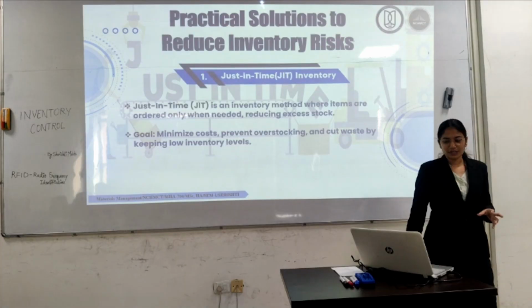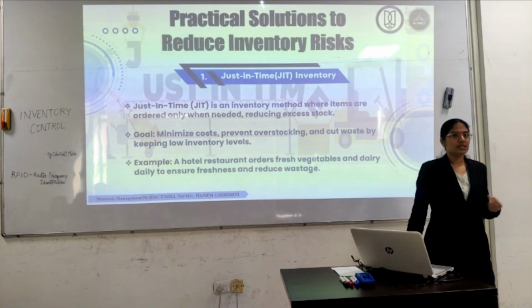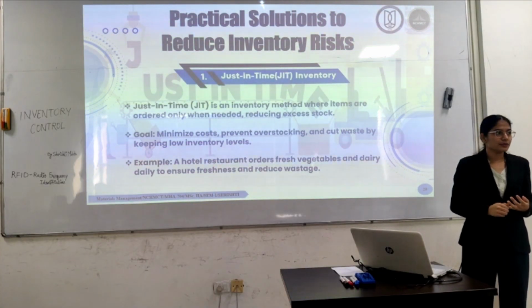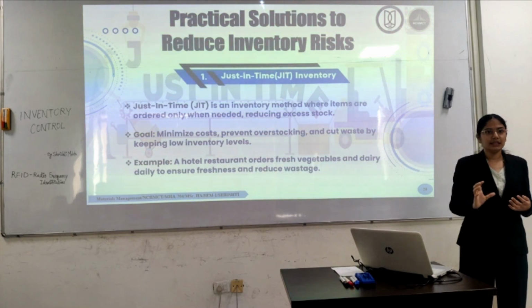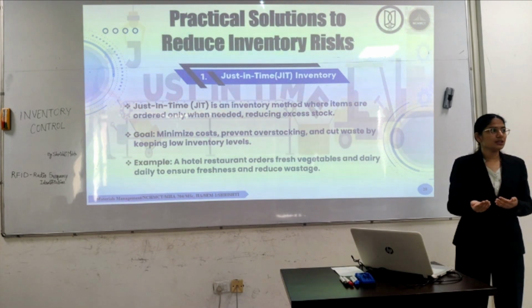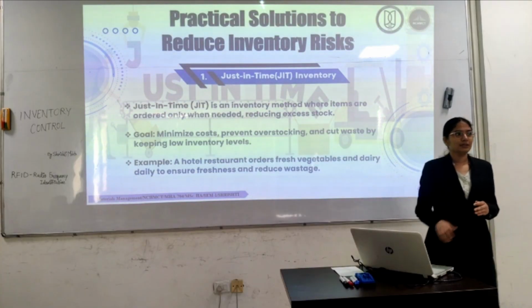The basic goal of just in time is to minimize cost, so our investment is reduced, prevent overstocking, and reduce waste. For example, a hotel restaurant orders fresh dairy, perishable items, fruits and vegetables when they are needed, so that it reduces wastage and cost can be saved.